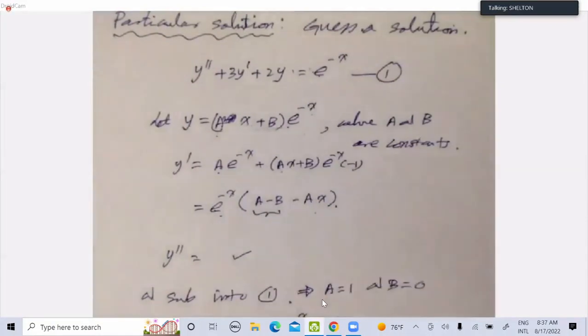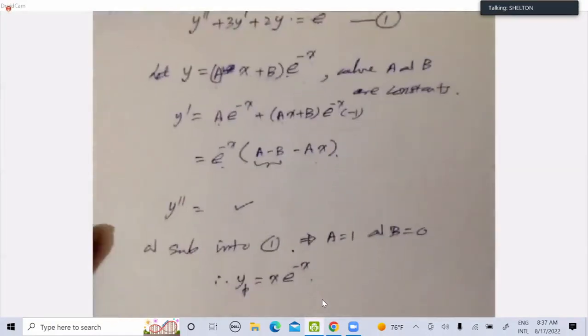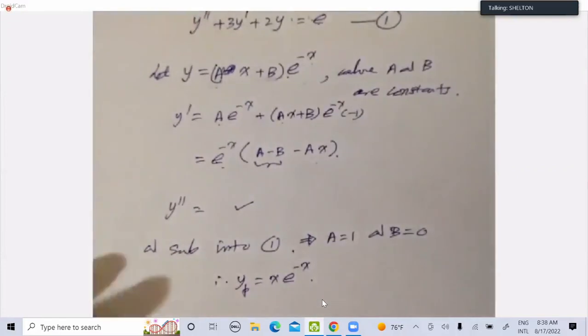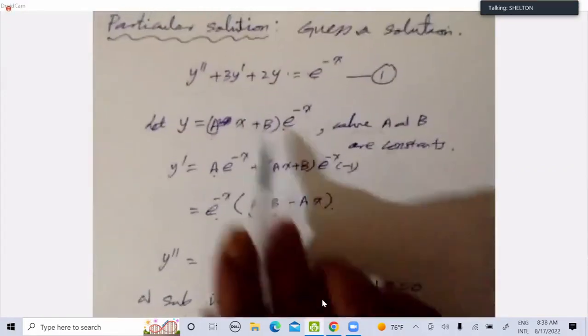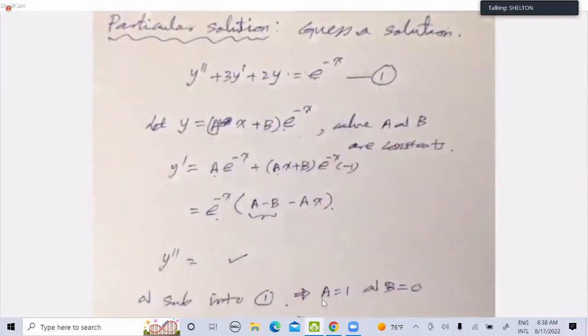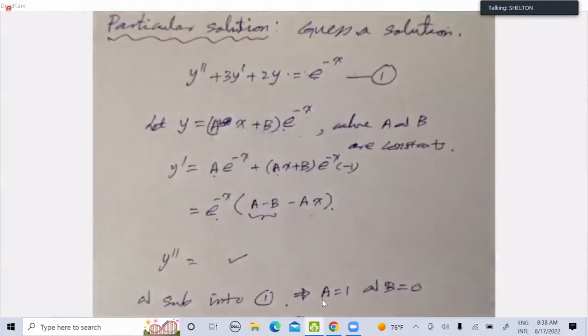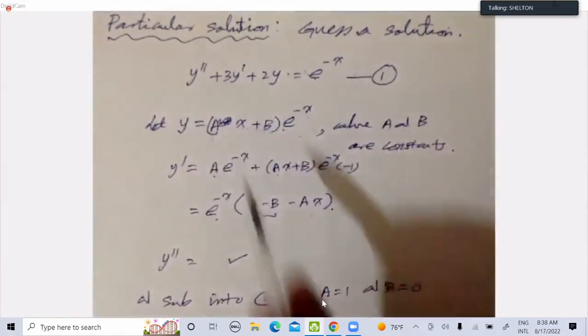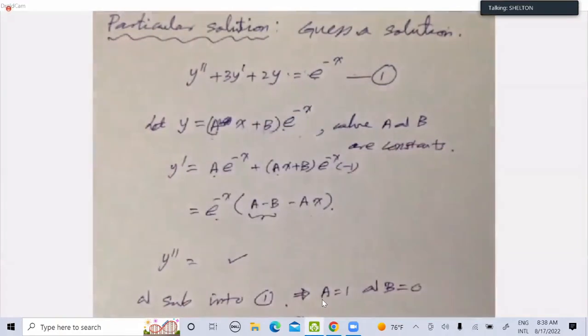So guessing that would be a little bit of work. That is why I just showed you the method. It doesn't matter, if somebody tells you the solution of this, then that is a particular solution. If you wanted to verify that this is a solution, what would you do? You substitute it into this equation.